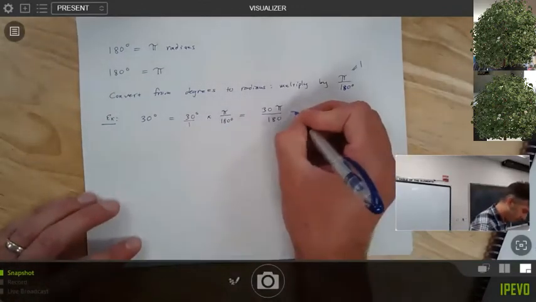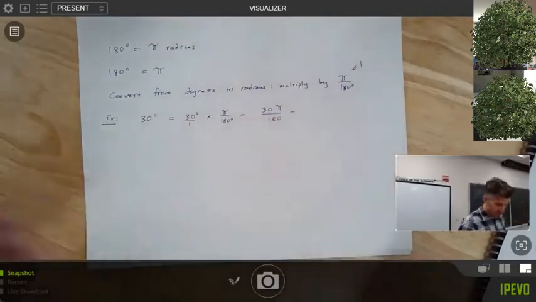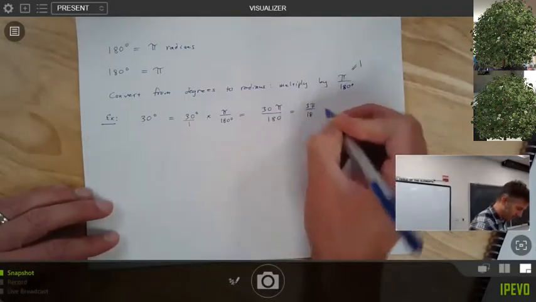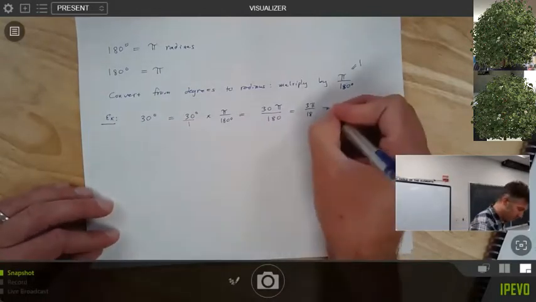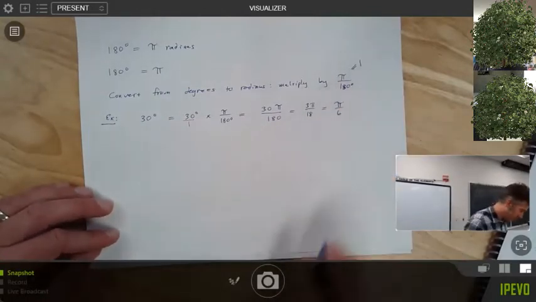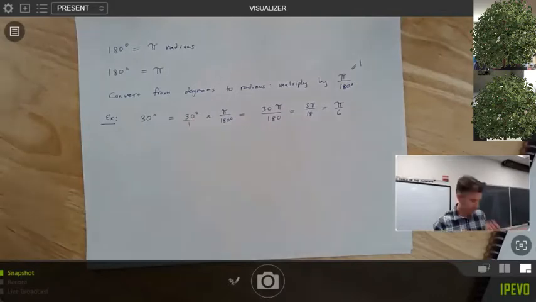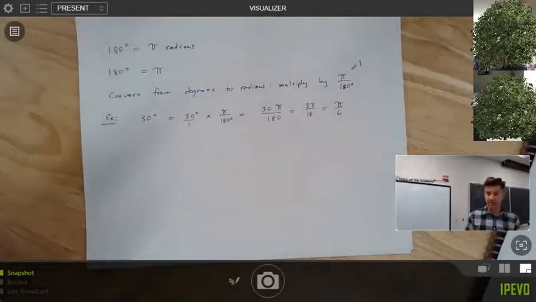And then I'm going to also reduce this fraction. That's going to be 3 pi over 18. And that reduces further to pi over 6. So 30 degrees is the same as pi over 6 radians. They're exactly the same. They're just different names for the same things.